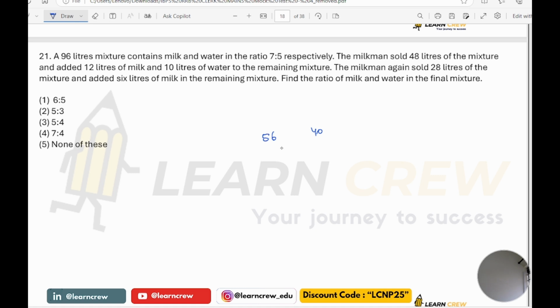Now out of this 96, 48 is sold. Remaining is 48.